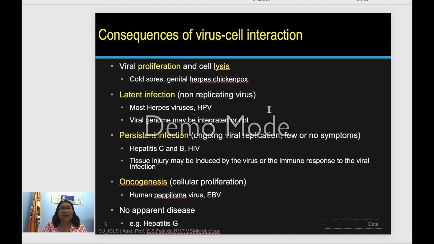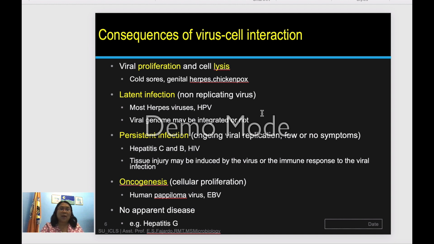In the latent infection, this is another consequence of viral cell interaction. In latent infection, the virus does not replicate. Okay? So for herpes, for example, some herpes viruses go into latency. They hide in the trigeminal ganglia for some time, maybe a year, two, or until you become old.